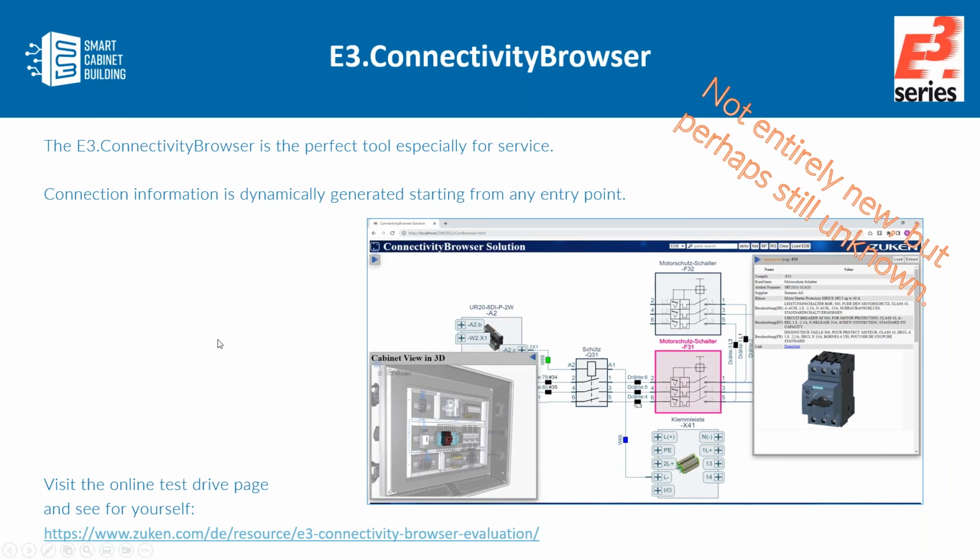Maybe not for you in person, but maybe for your colleagues in your company. It's also no additional work for you if you have your digital twin in E3. Just an export, and you can use this in the connectivity browser solution.